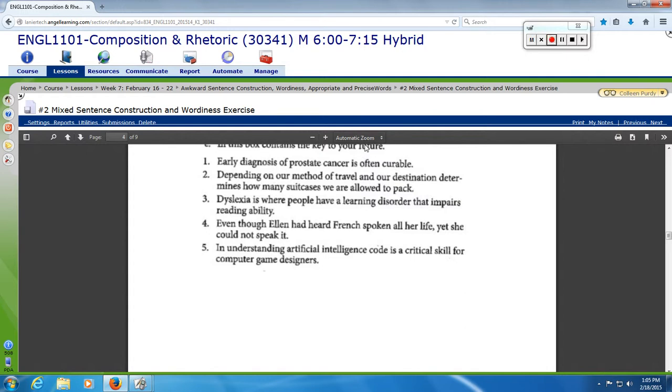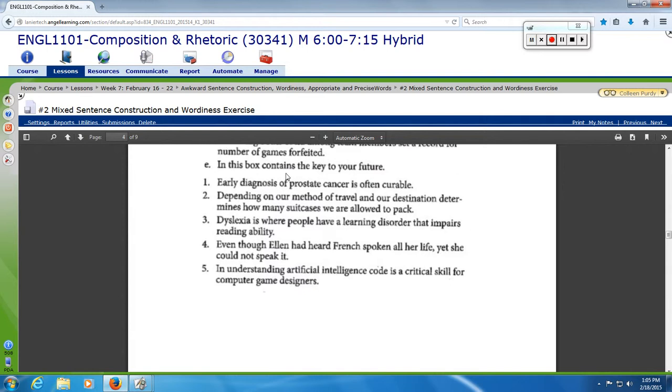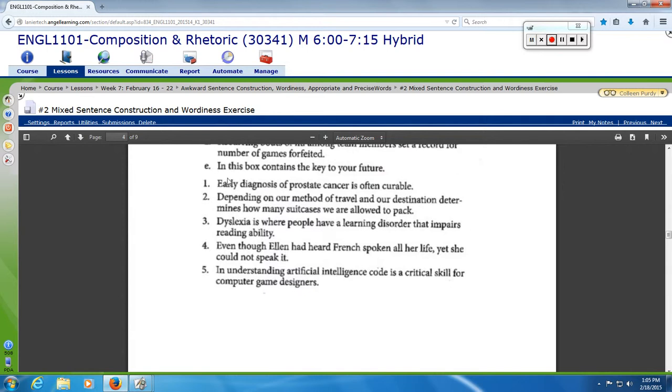Early diagnoses lead to cures. So one way to do these is: early diagnosis of prostate cancer makes it more often curable. Okay, or prostate cancer, which is diagnosed early, is often curable. You could change it either way.